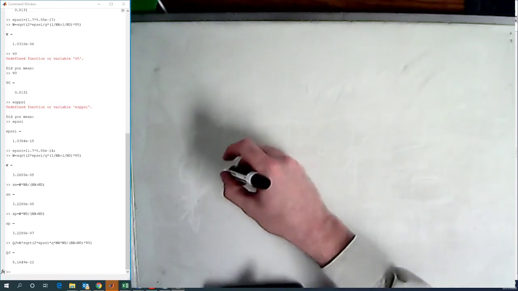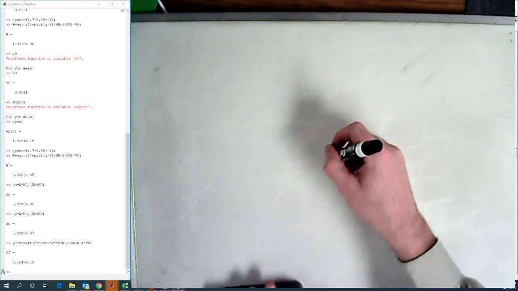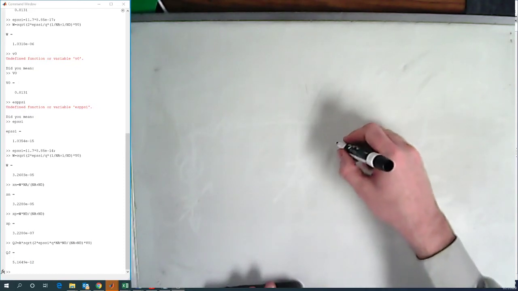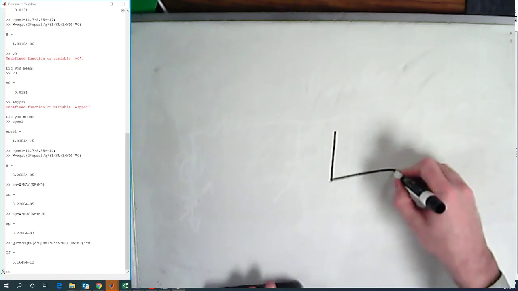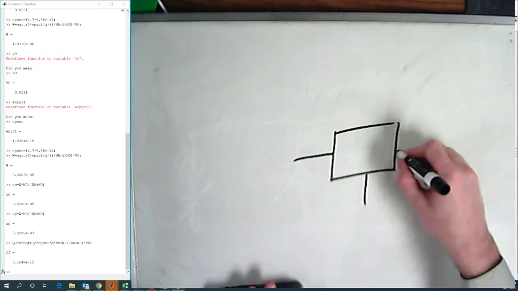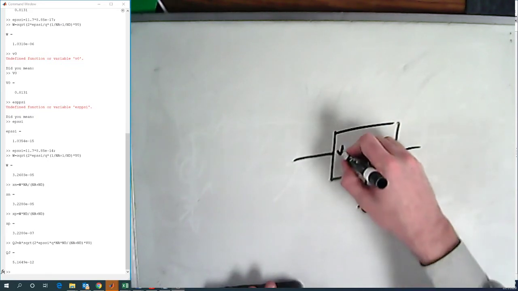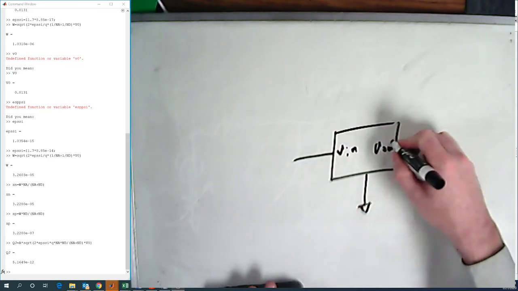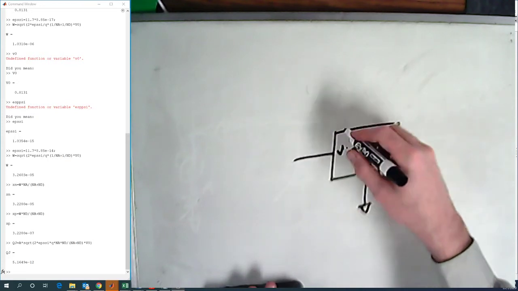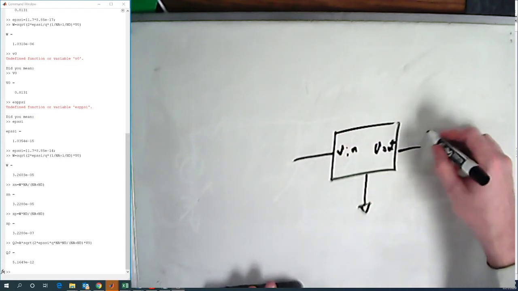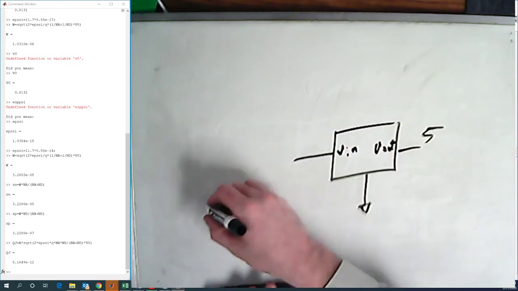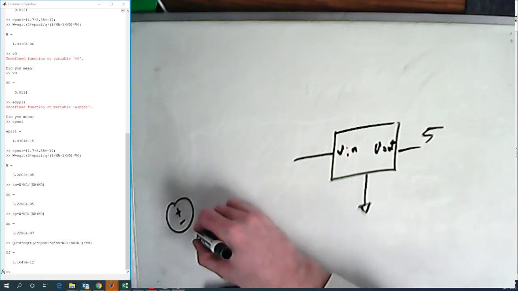To finish off this lecture, I just want to point out maybe a cool circuit of the day. If I have a voltage regulator over here, V in, V out, and this is like 5 volts, and I have a 10-volt source over here.